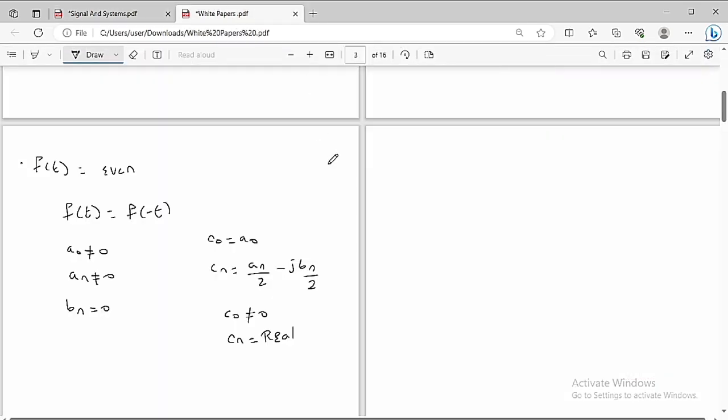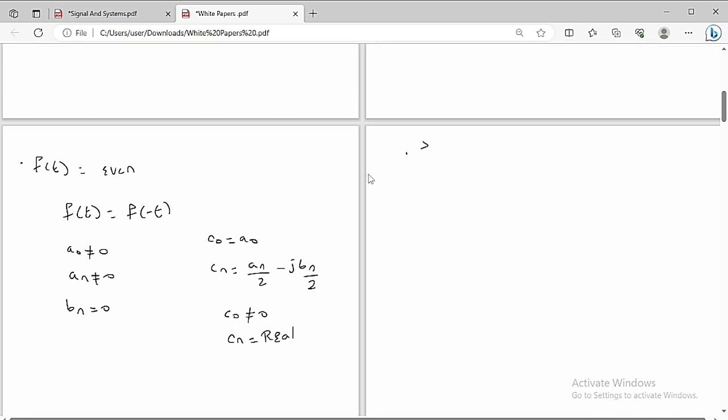Suppose f of t is a real as well as an odd signal, then what is going to happen? f of minus t is equal to minus f of t, and then we say the signal is said to be an odd signal.